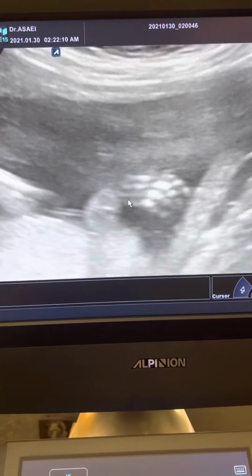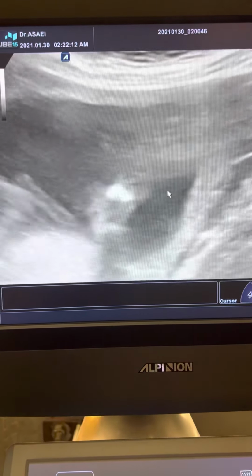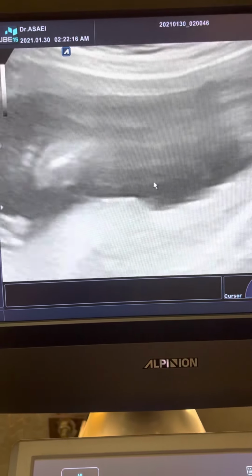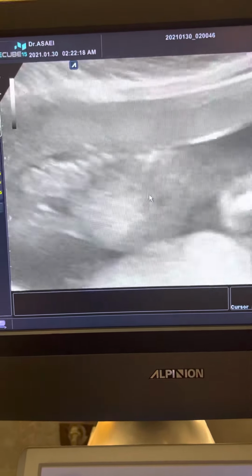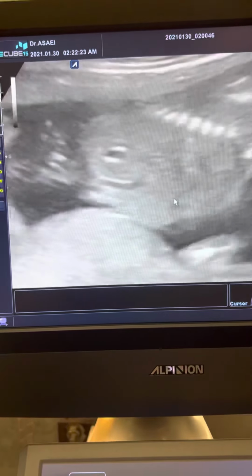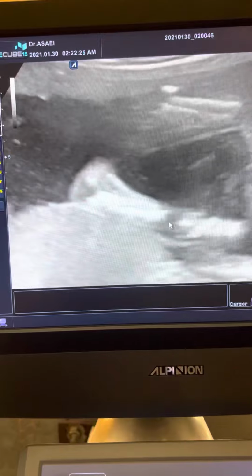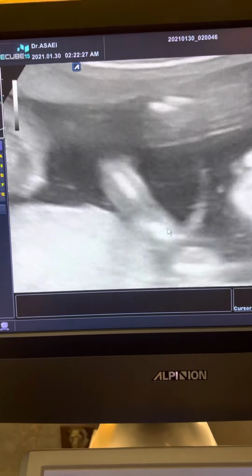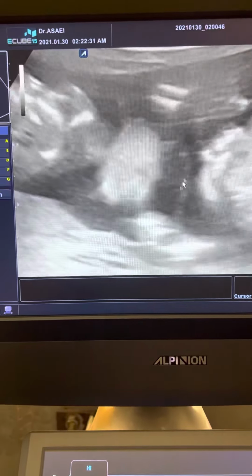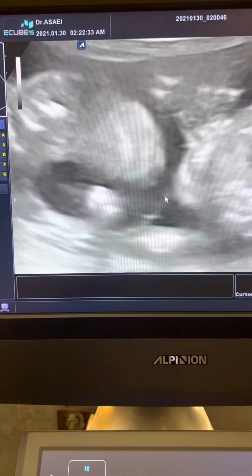You can count the fingers here. Another fingers are here. We should be careful not to mistake any fetus hand to the hands of the other fetus. See here, we can again see the membrane.